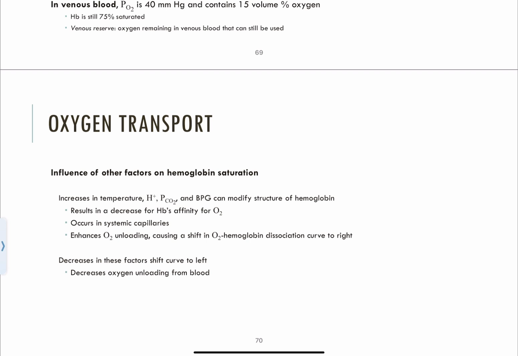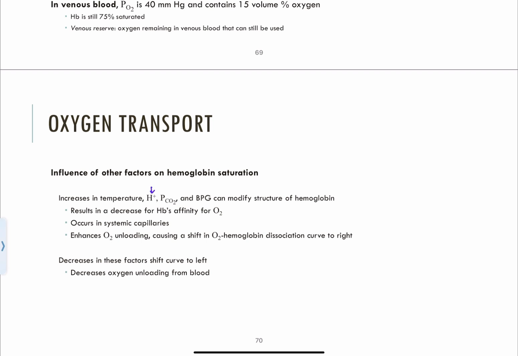BPG is just 2,3-bisphosphoglycerate. It's a byproduct of the metabolism of glucose. BPG can bind reversibly with hemoglobin, and its levels rise when the oxygen levels are chronically low.